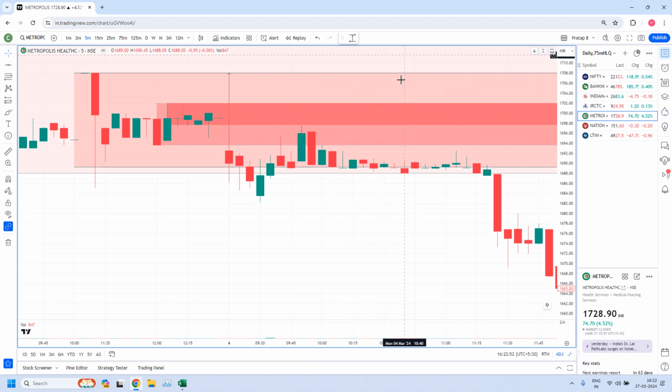Now the question is, are these candles formed because of institutional participation or because of retail traders' participation? You may say, because we are using F&O stocks, in almost all the F&O stocks institutional participation will be there.